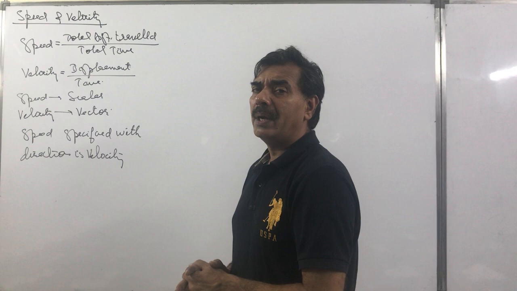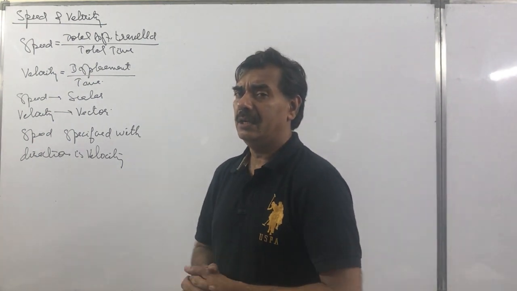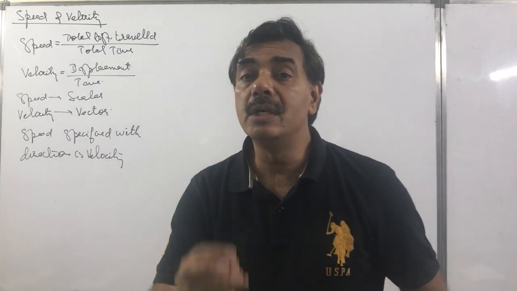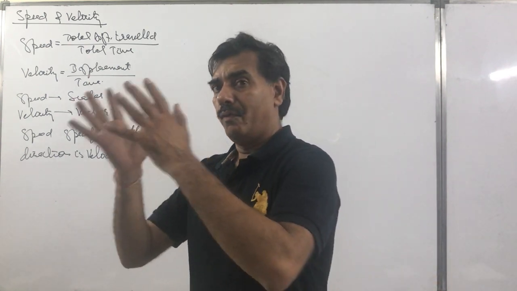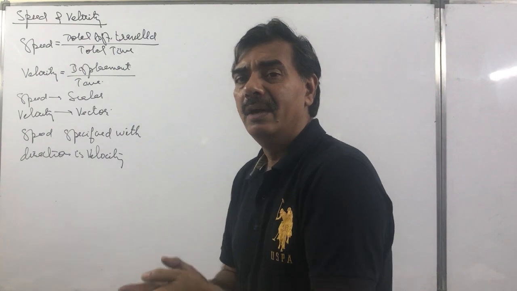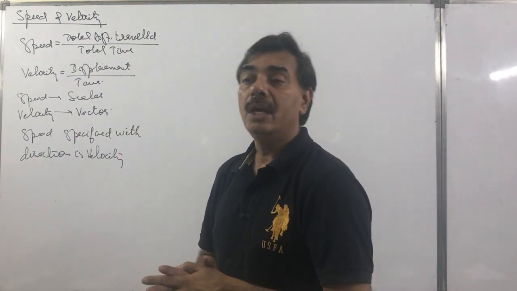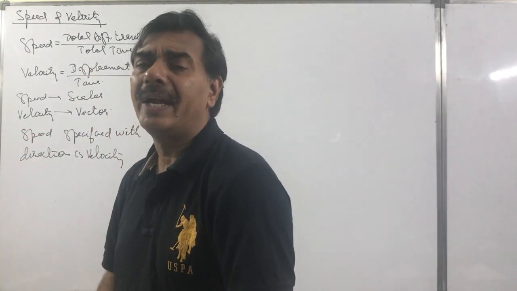If we say the particle is moving with the speed of 20 meters per second towards Model Town, you exactly know where it is going. Thus, speed with direction specified is called velocity.